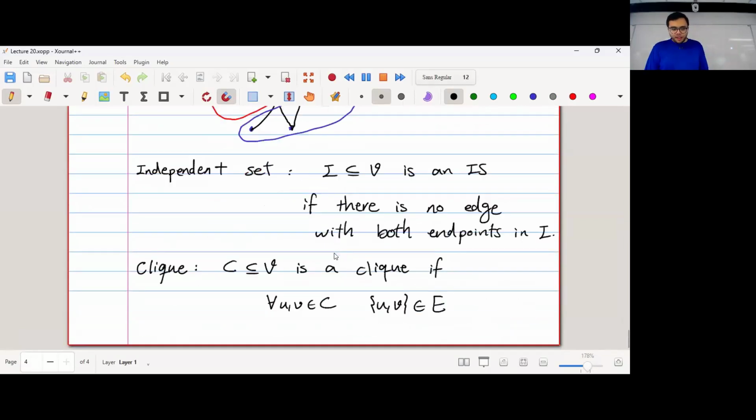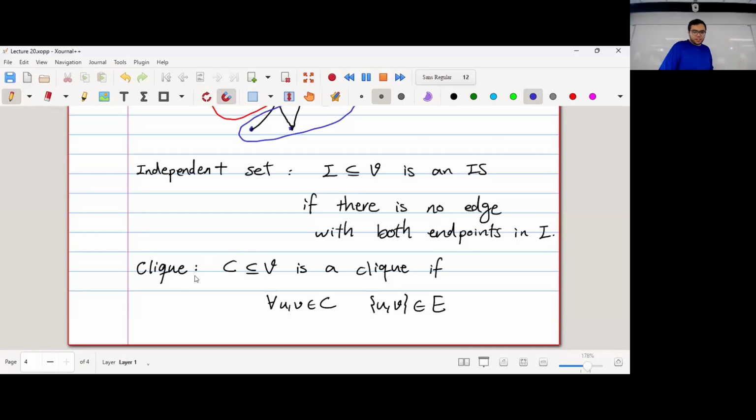And as we've seen before, whenever we define things like this, we want to ask, what is the biggest one? What is the smallest one? It's kind of trivial to find the smallest independent set. You can take the empty set, or just one vertex if you don't want the empty set. And the same for a clique.